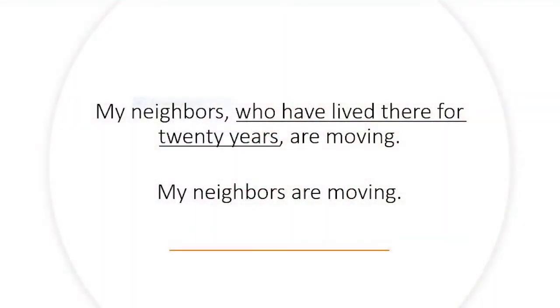I don't need to know how long they've lived there in order to understand the main sentence. My neighbors are moving. So I'm going to separate that clause out with commas. Now it's important that you put both commas. A lot of people want to put one comma, but you cannot do that. You must put both commas. Separate out all of the non-essential information.